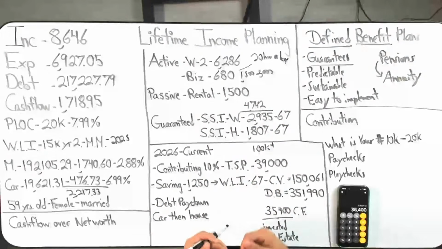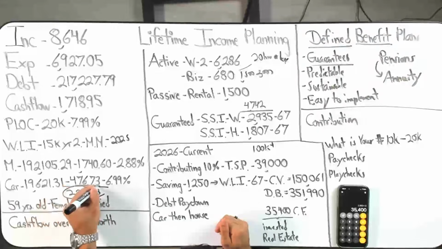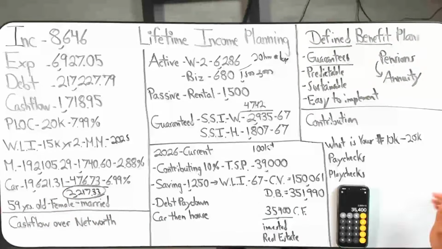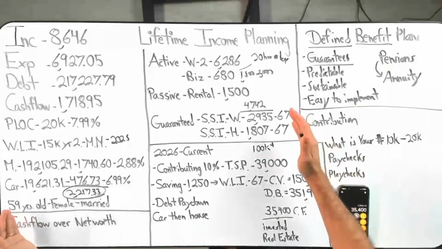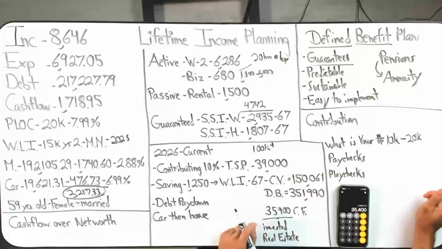The question is, could they create more than $2,217 of passive income in real estate within that window between 59 and 67?